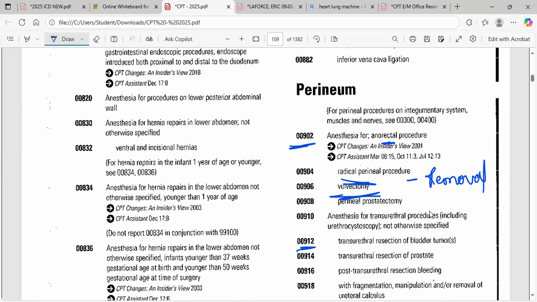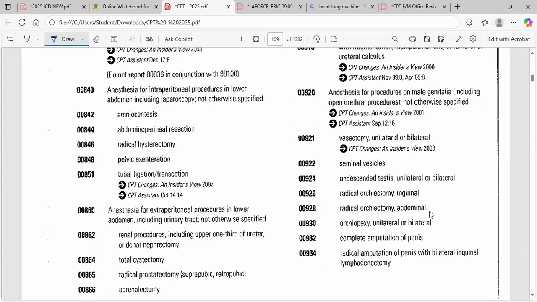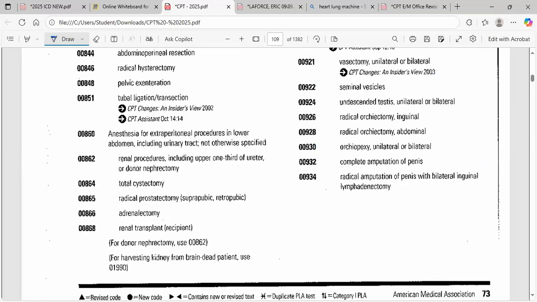Then we have transurethral resection of bladder, then prostate, then we have lymphadenectomy here. Lymphadenectomy means lymph nodes have been removed completely.